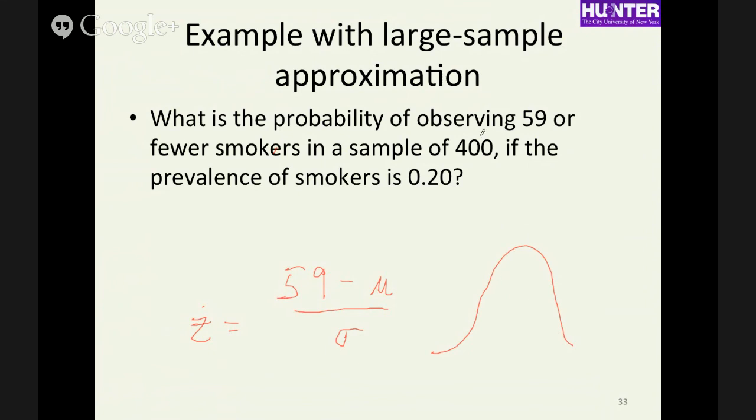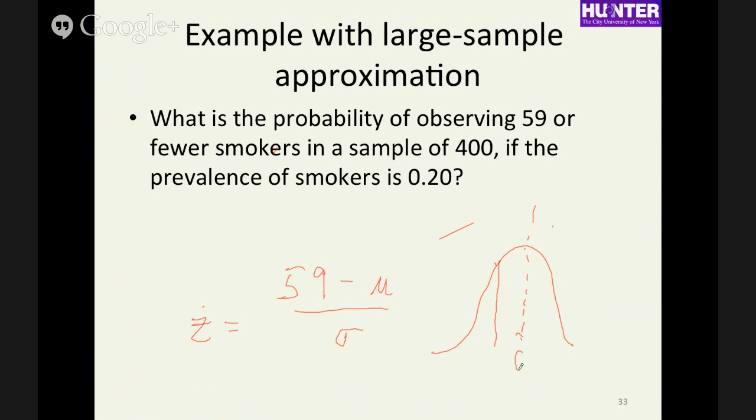Mu was 80 here, and this is 59, so it's going to be a negative value of z.